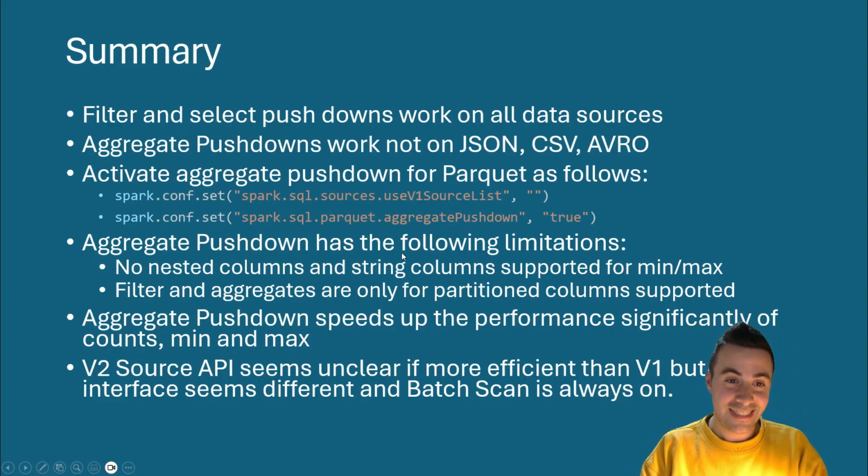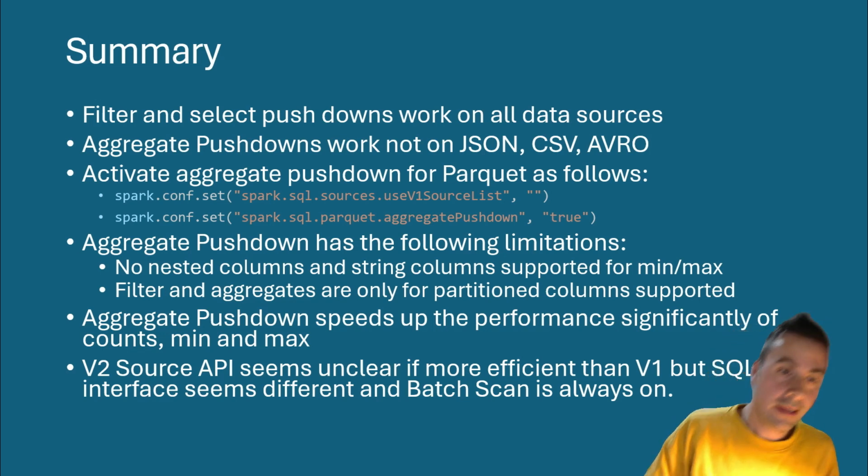All right, let's summarize what we learned today. We learned that filter and select pushdowns work on all data sources. By select pushdowns, I mean column-level pushdowns, so filtering columns out. Aggregate pushdowns are not working in JSON, CSV, and Avro. We didn't deep dive into it, but at least based on the current configurations, it's just not working.